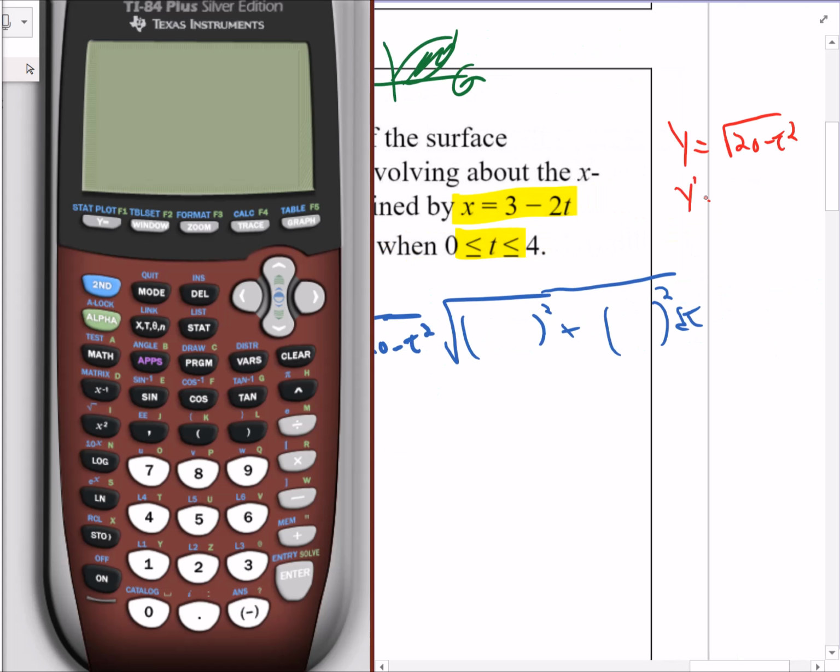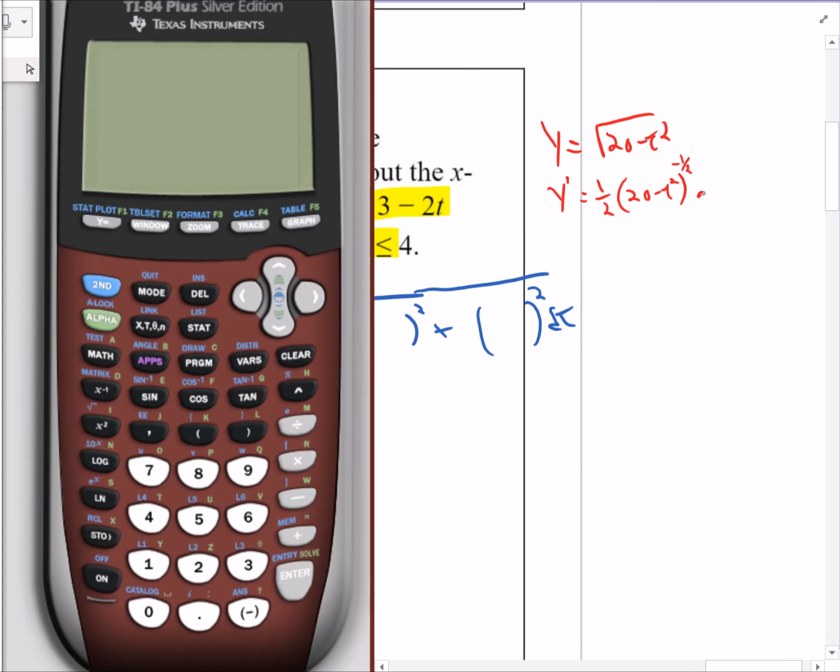So y prime is going to be 1/2 20 minus t squared to the negative 1/2 power times the derivative of the inside, which is negative 2t, and so the derivative is going to be negative t, 1/2 cancels with the 2, over the square root of 20 minus t squared.